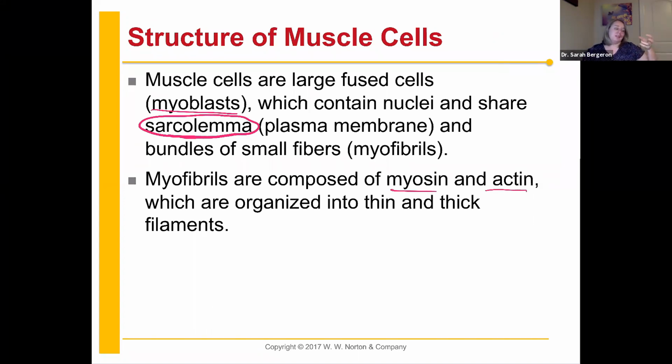One actin molecule is hooked to another actin molecule, hooked to another, hooked to another, and so it turns into a polymer. That actin polymer is then called a thin filament. The thick and thin filaments overlap each other. We'll see that in some pictures, and I'll show you how that's structured.